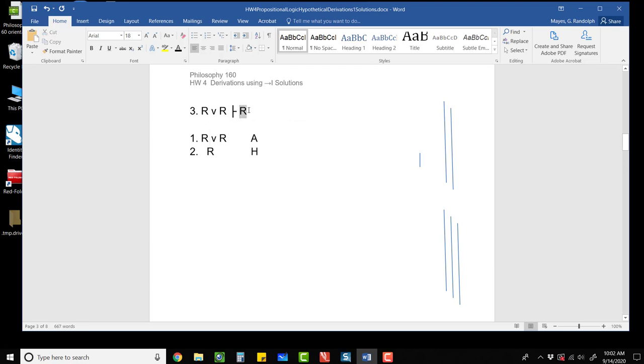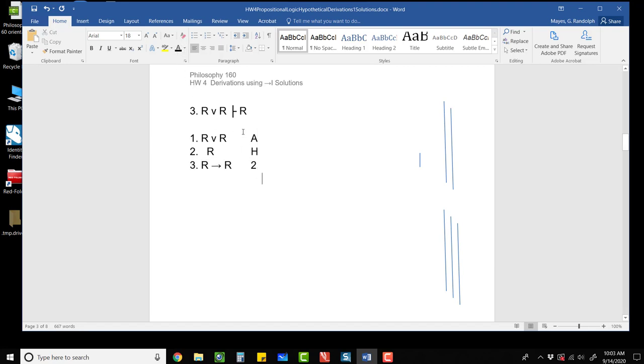Well, we're actually trying to derive R. Okay, so what does this look like? It's very weird, but just hang with me. Since we've hypothesized R, we already have R. So we can actually assert if R, then R by lines 2 through 2. Now that's very strange, but it's perfectly in accord with the rules.